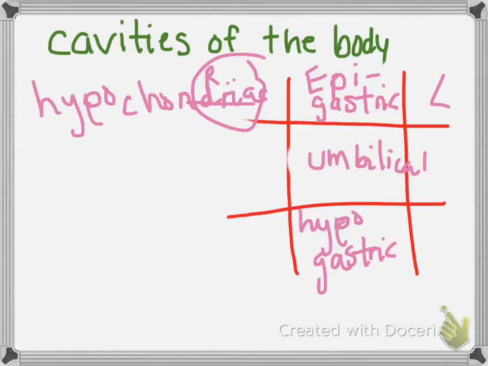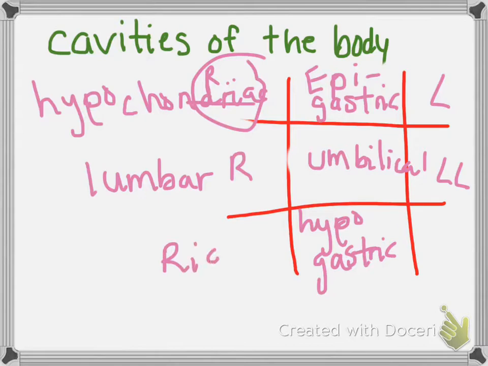That's the patient is laying down. In the middle here, this would be the right lumbar region. And this would be the left lumbar region. Over here would be the right iliac region. Let me try that again. Iliac region, which goes inside with your iliac crest, which is the bone on your hip. And over here would be the left iliac region.